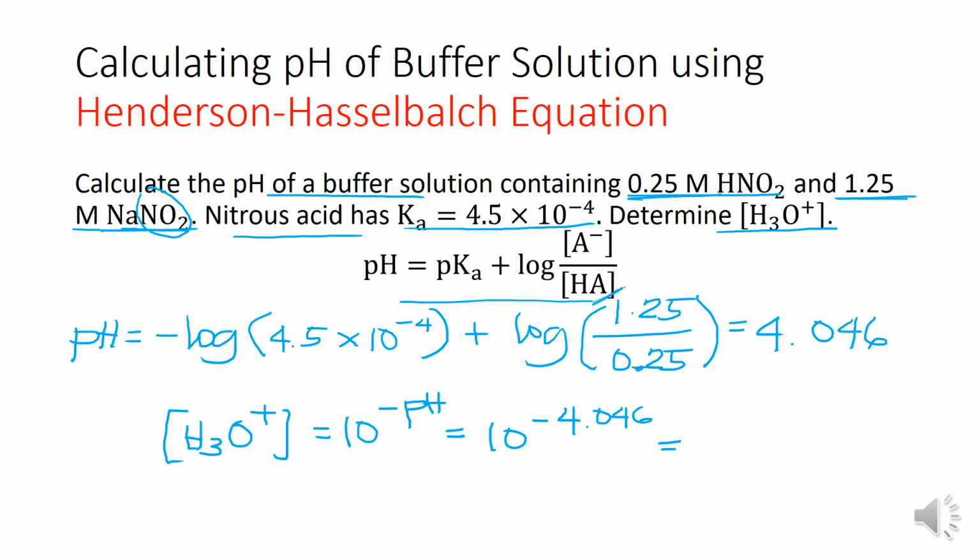Let's input that in the calculator: 10 to the exponent negative 4.046. So we have 8.99 times 10 to the negative 5. So we can round off 8.99 to 9 times 10 to the negative 5 molarity. And that's it.